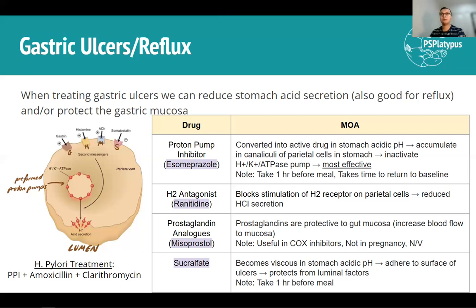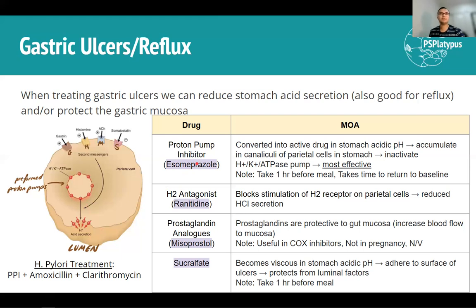Another important thing to keep in mind is that it takes time for it to return to baseline. So when you withdraw this drug and stop taking it, it won't immediately mean that you return back to your normal acid secretion, because it takes a while for the preformed proton pumps to replace the older ones that have been irreversibly made dysfunctional by this drug.